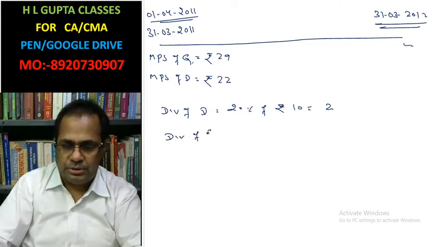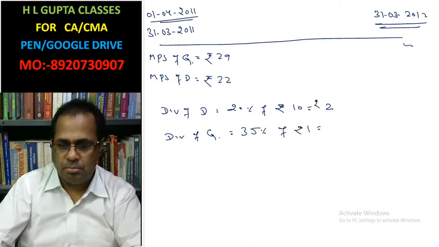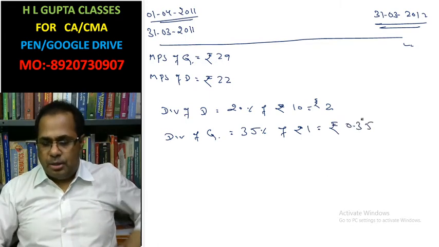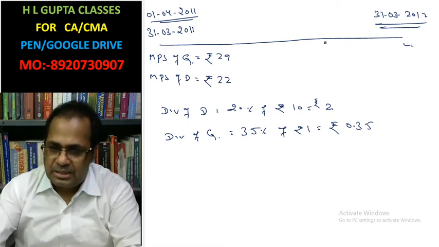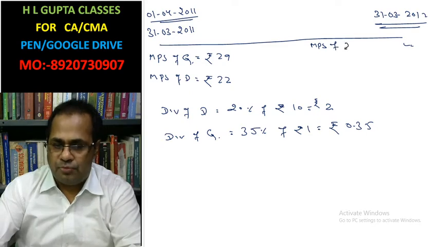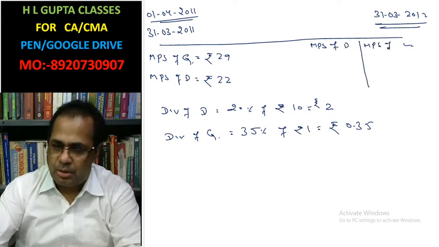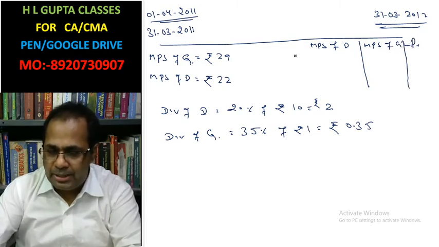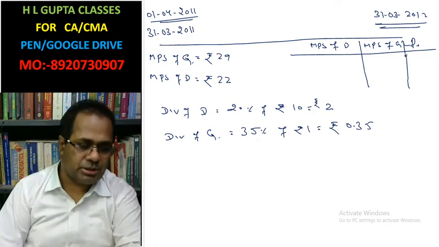Dividend of G, 35% of ₹1, that is 0.35, and the market price per share at this point is given. Market price per share of D, market price per share of G. These are given in the case of a probability distribution.